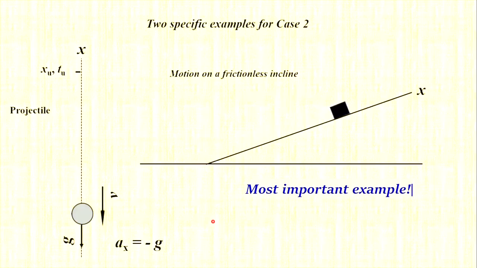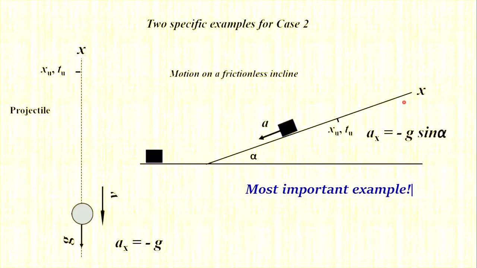So the object first moves up, then stops and goes down. If we consider the object at any position on the incline, then the x component of acceleration for this motion is negative g sine alpha, where alpha is the angle of incline.